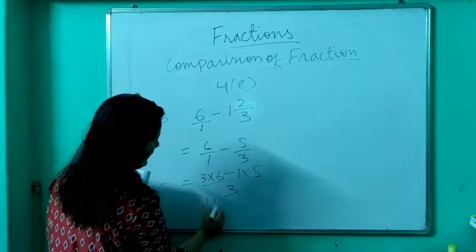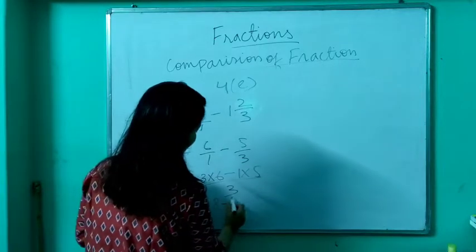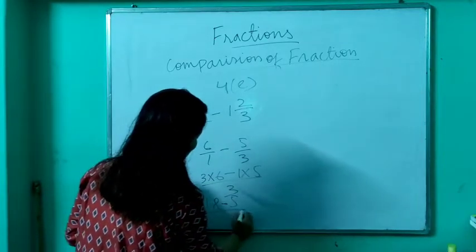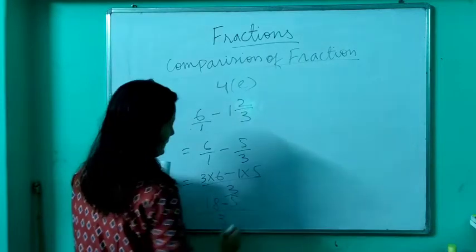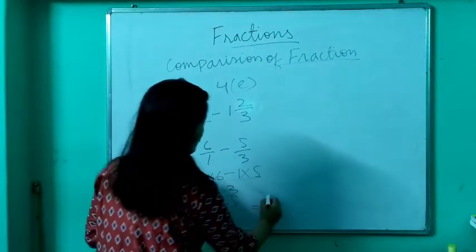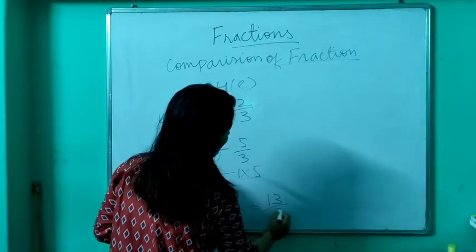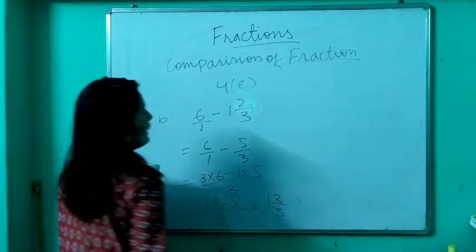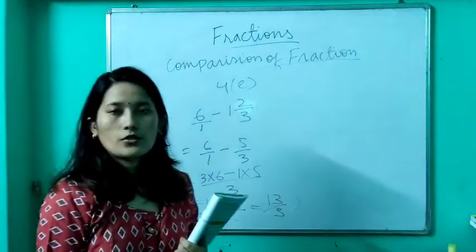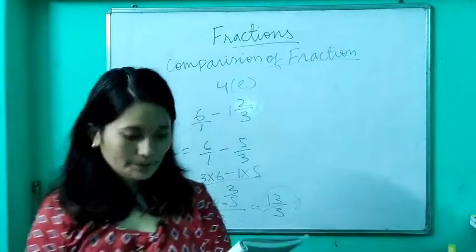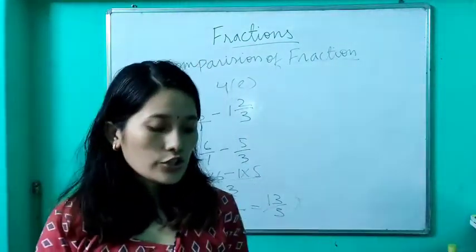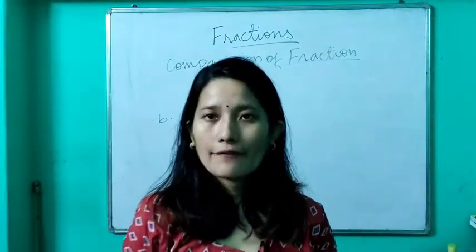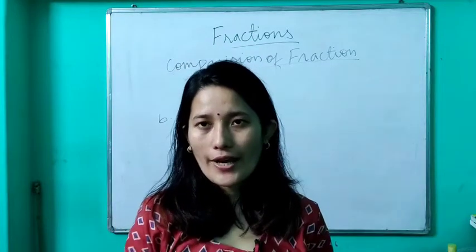So 6 3s are 18, minus 5 1s are 5 divided by your denominator, that is 3. So 18 minus 5 would give you 13 divided by 3. So this would be your answer. Okay, I hope you understood this, how to subtract.